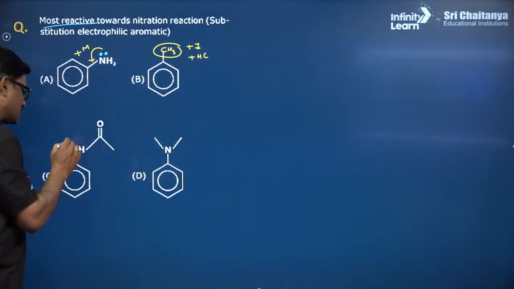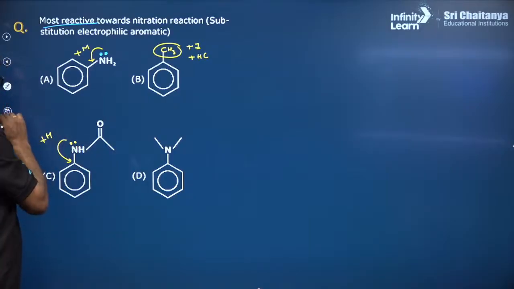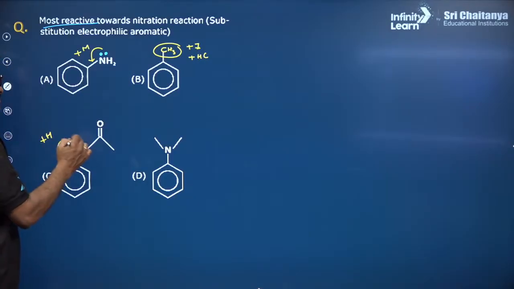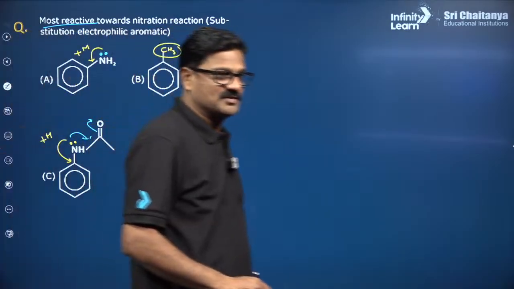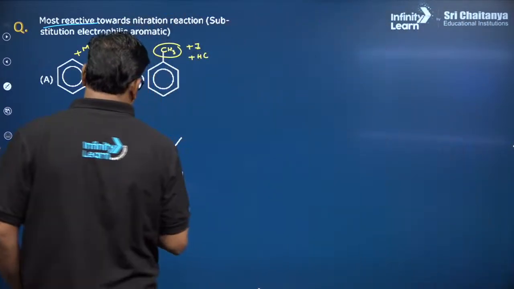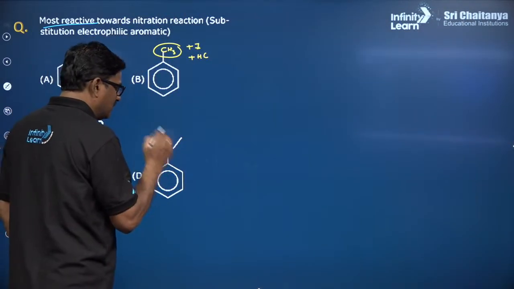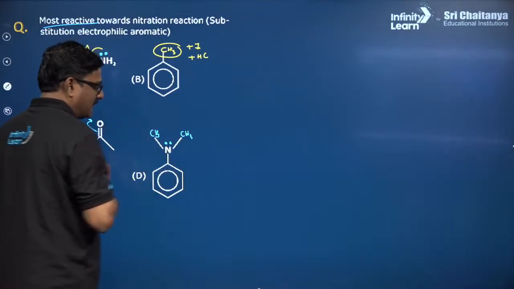Now here it is also having positive mesomeric effect, and also you are going to see cross conjugation. Whenever cross conjugation comes into the picture, the reactivity will be a little bit less. Of course, here it is having methyl groups, so sterically hindered.